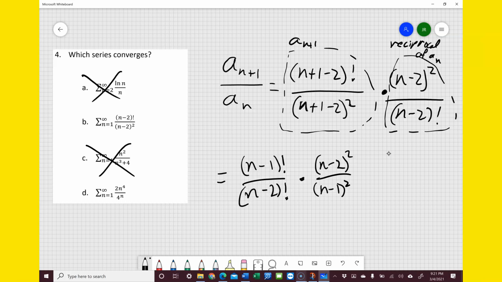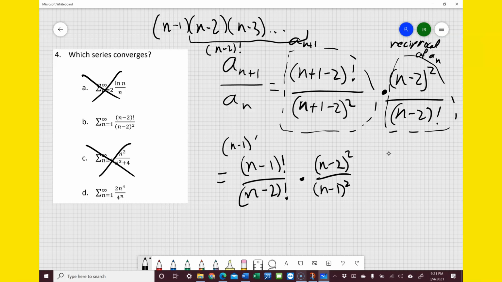N minus 1 factorial is the same thing as n minus 1 times n minus 2 times n minus 3 dot dot dot. Well, n minus 2 times n minus 3 dot dot dot is the same thing as n minus 2 factorial. So I can rewrite n minus 1 factorial as n minus 1 times n minus 2 factorial.